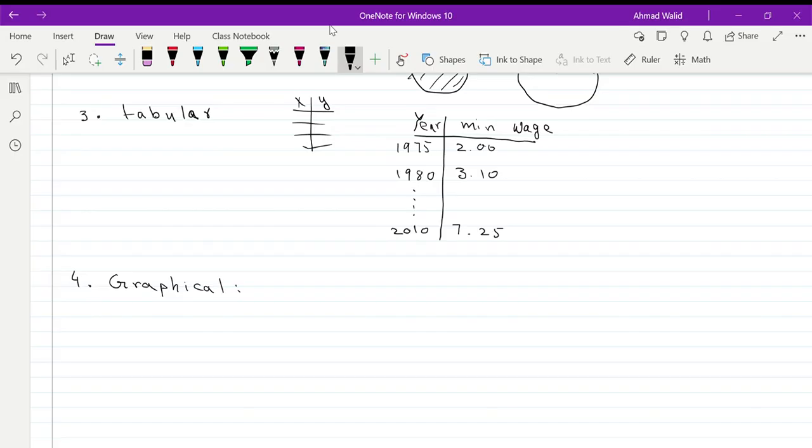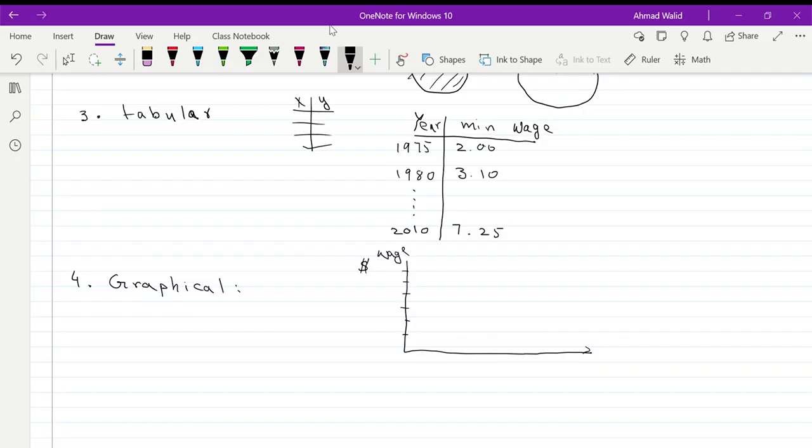I already drew a line for you. A graph can represent a function. For example, if I graph this minimum wage for you, here, dollars are your wage. Correct?